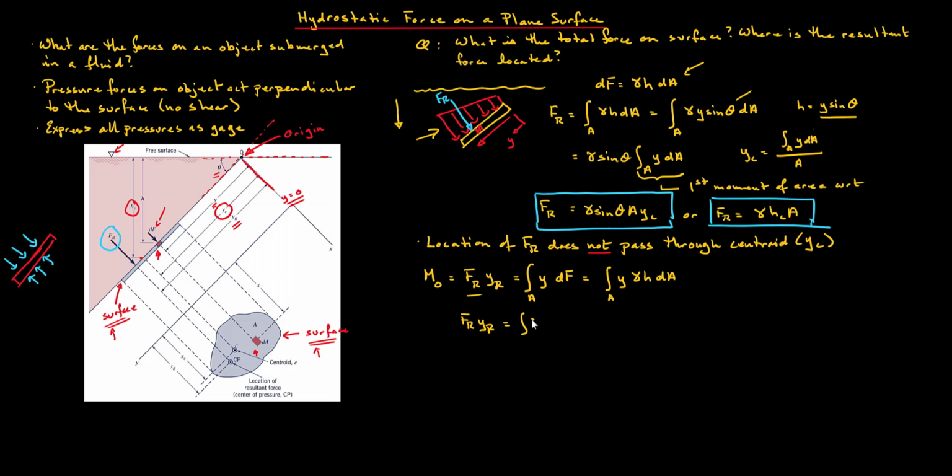So we have gamma sine of theta y squared multiplied by dA. And again, this integration is over the entire area. So what we are looking for is this yR over here, the location of the resultant pressure force.